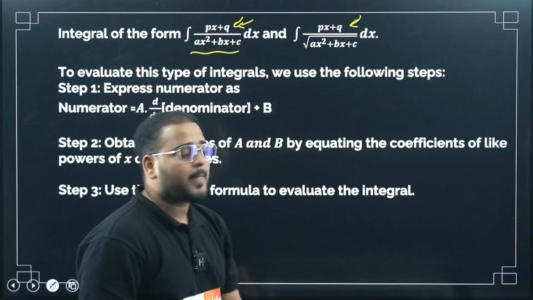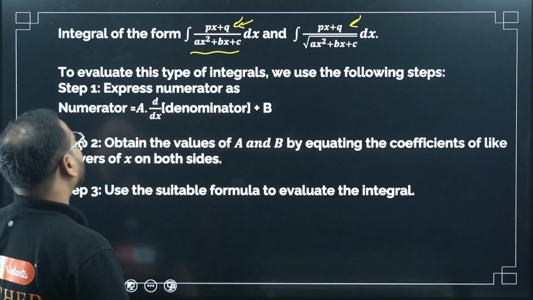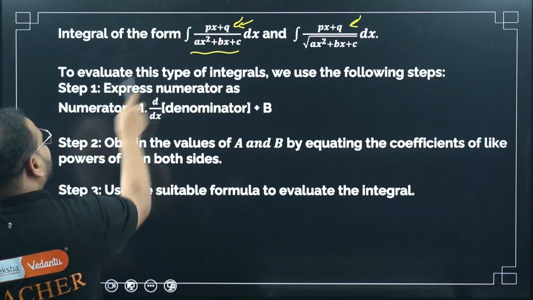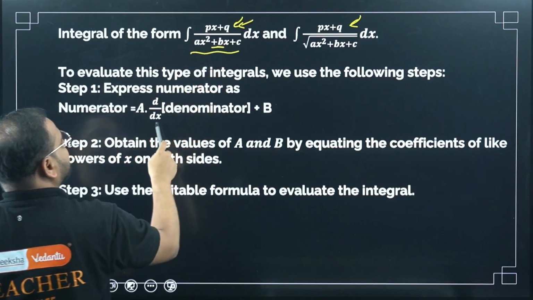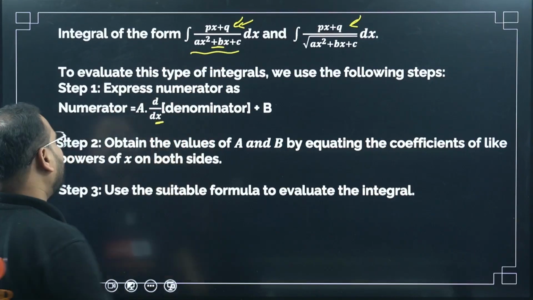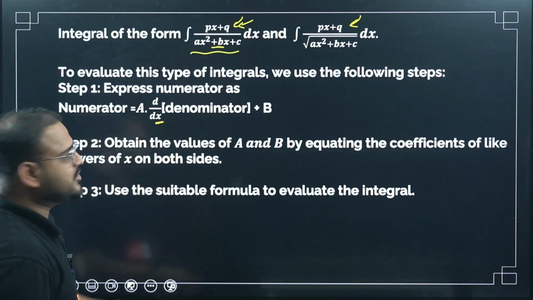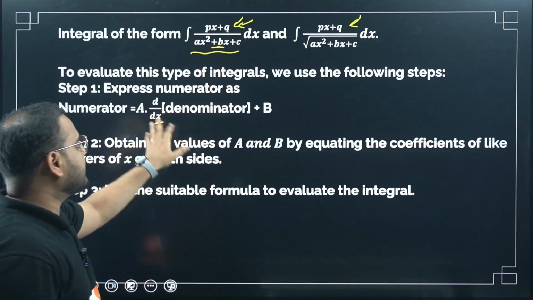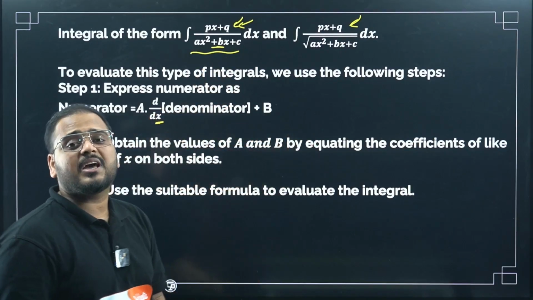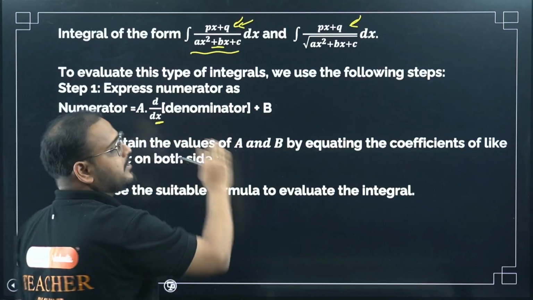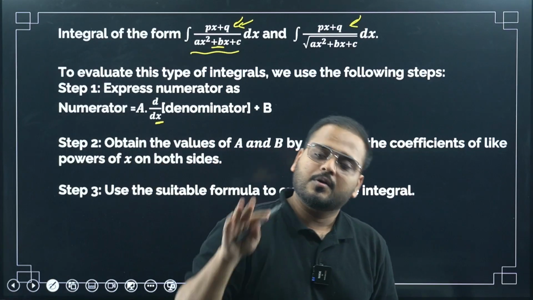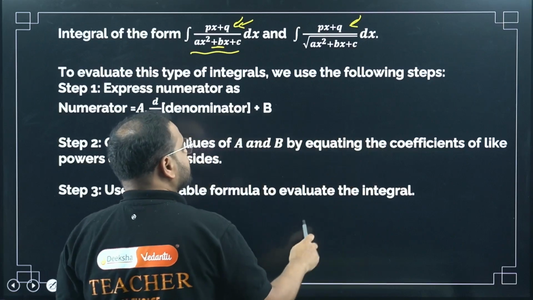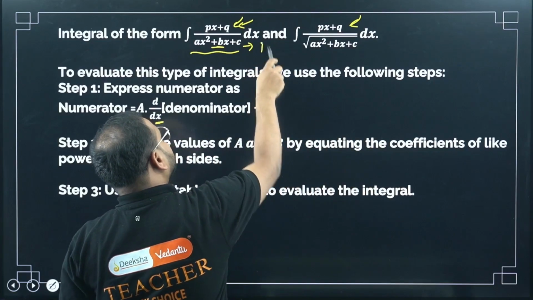Another form is this: write the differentiation of the denominator, multiply it with a, and add a variable b. What are a and b, sir? We'll find the values of a and b. Let's say the denominator is d.